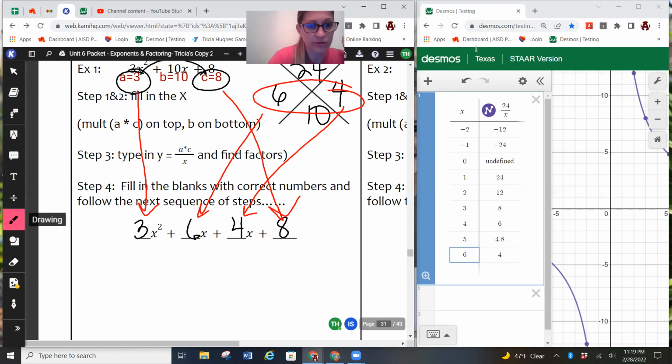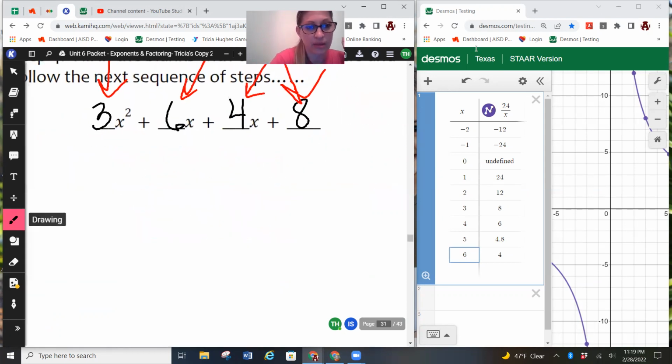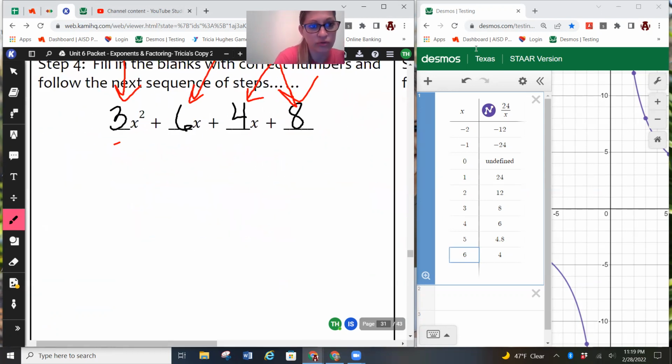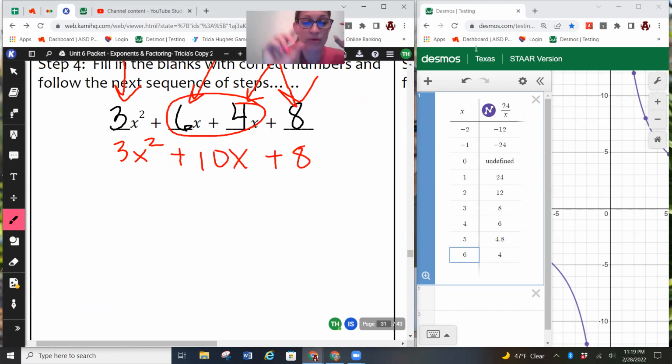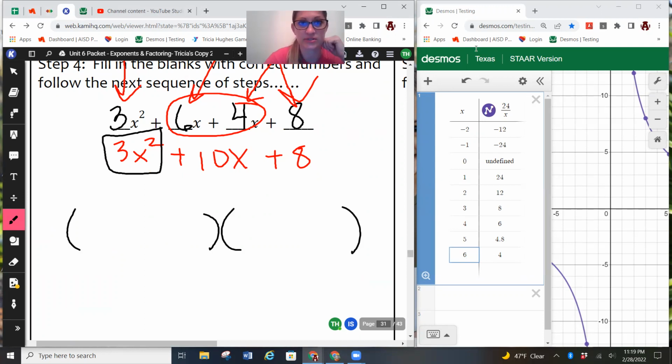All right, so here we go. Remember, the original was 3x squared plus, it combined like terms, 10x plus 8. Remember, that's the original problem. So we're going to go through this thinking logically. How do I make a 3x squared when I have 2 sets of parentheses?